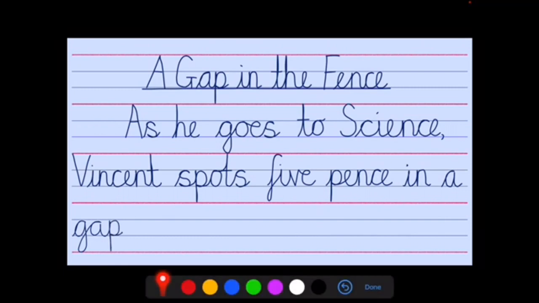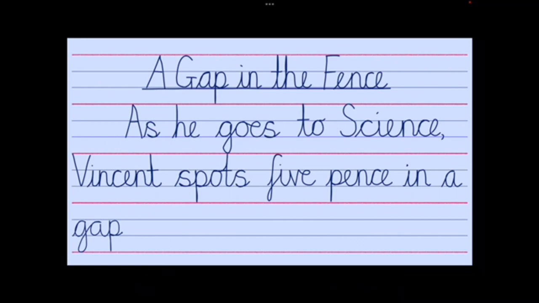And this time when we were writing it, we had a little g because it wasn't an important word in the title. And where was that gap? In the fence.